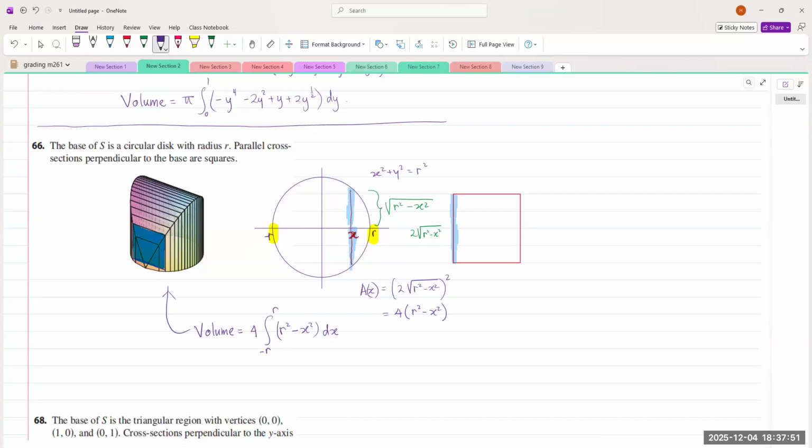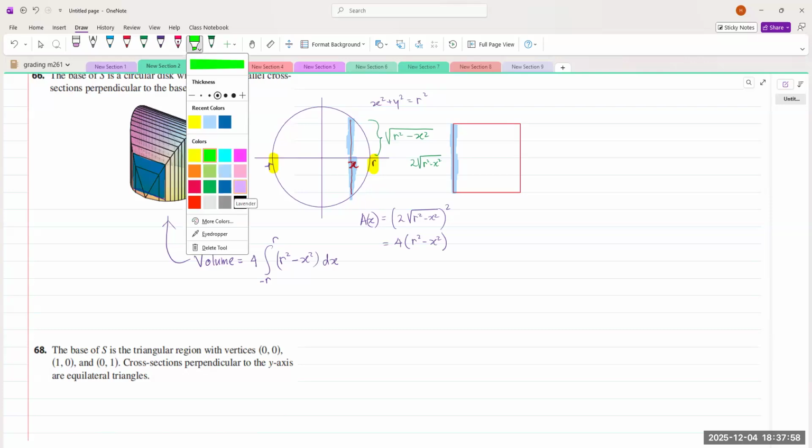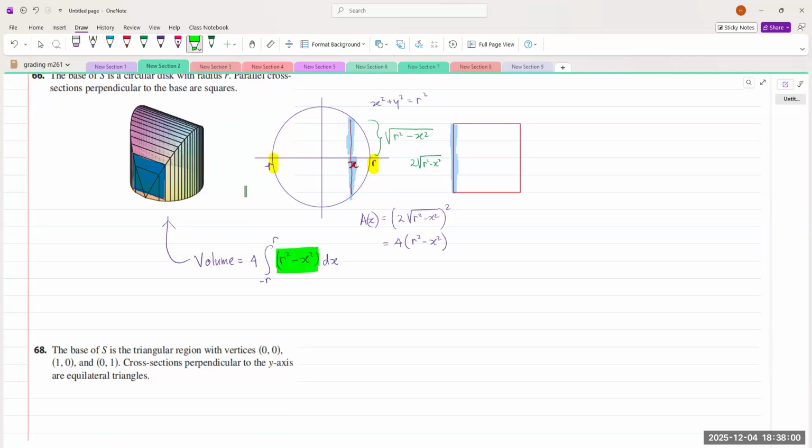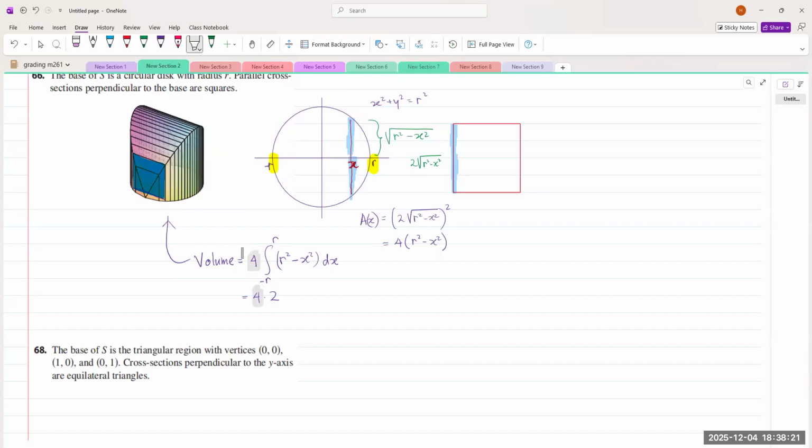Now, to make our computation a lot easier later on, notice that the integrand is actually an even function, and the domain of integration are opposite numbers. So we can fold it. What I mean by folding is this is 2 times, I keep the 4 here.